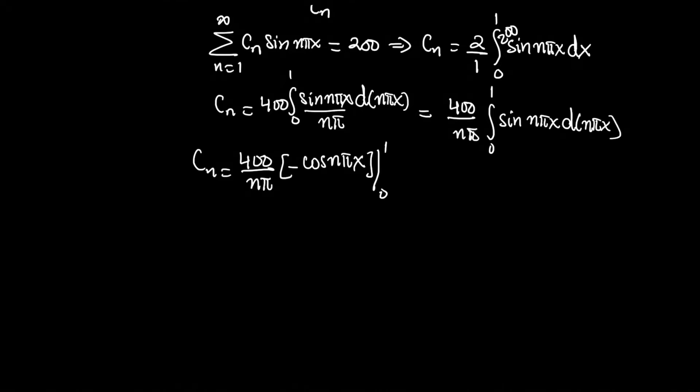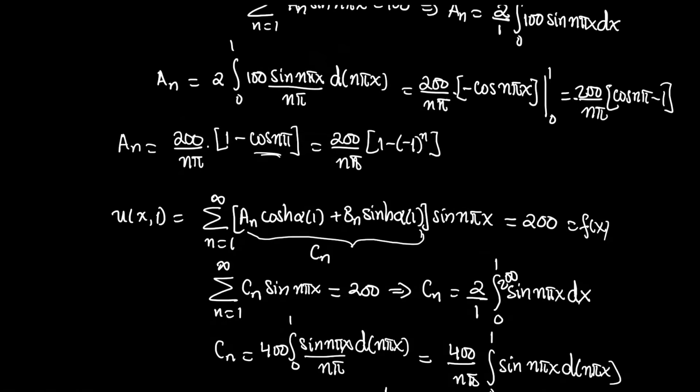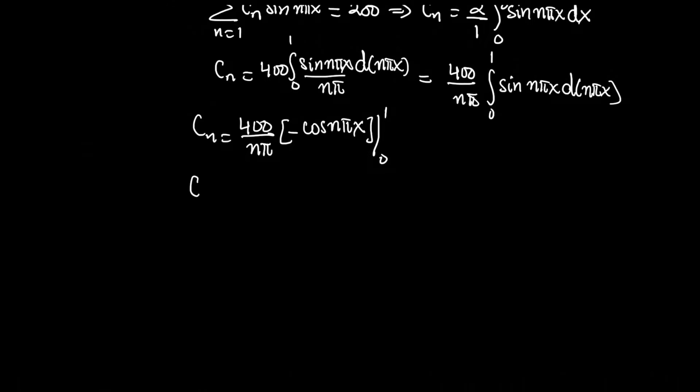This is just the same as the previous that we did for a_n, so you can just go straight. It's going to be 400 over n pi times 1 minus (minus 1) to the power of n.